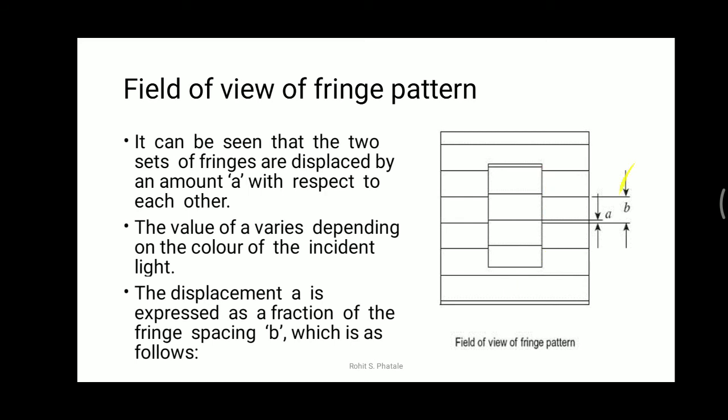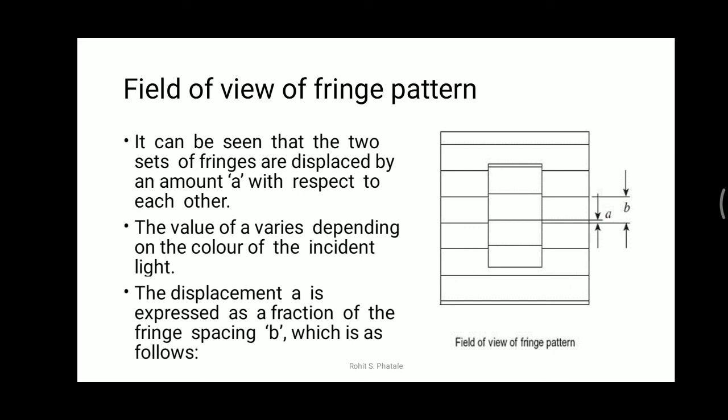Over here you can see B is nothing but the pitch of the base plate fringes. It is the distance between two parallel lines on the base plate, correct? And what is A? A is the distance between a line on the base plate and a successive line on the gauge.